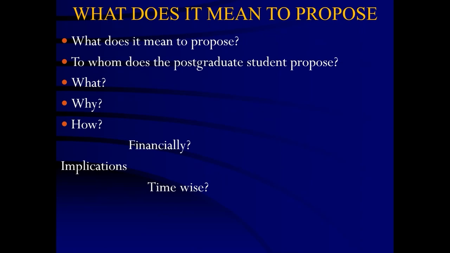At the same time, you also need to think of some other implications that can affect you, such as your financial implications. If you are intending to enroll in a particular university, you need to check how much it can cost you to study there. And then the time-wise can talk to issues around the duration of the qualification.